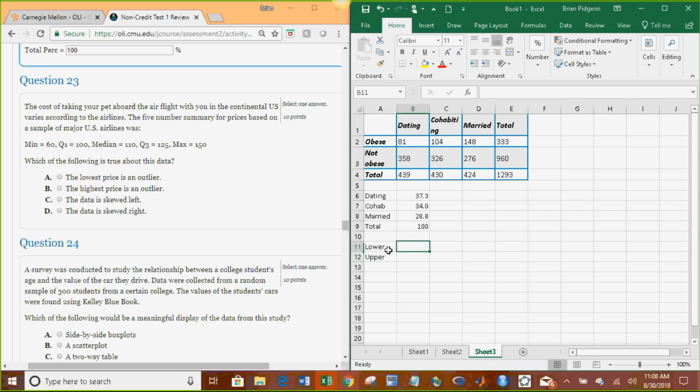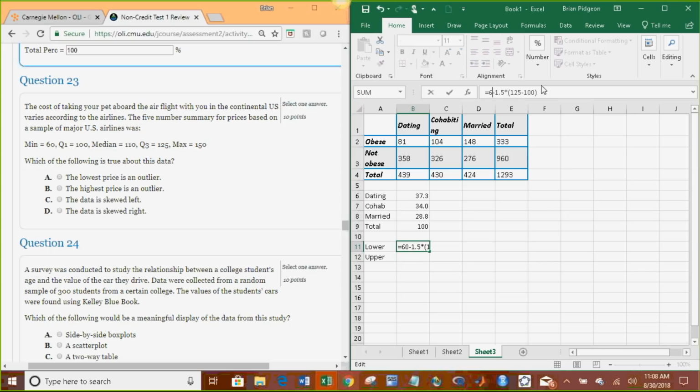So the way that we do it, it's going to be our minimum, 60, minus 1.5 times the IQR. And the IQR is just the difference between your third quartile, in this case 125, and 100. So in our data set, what did I do? I have to do minimum. That makes no sense. I misspoke.